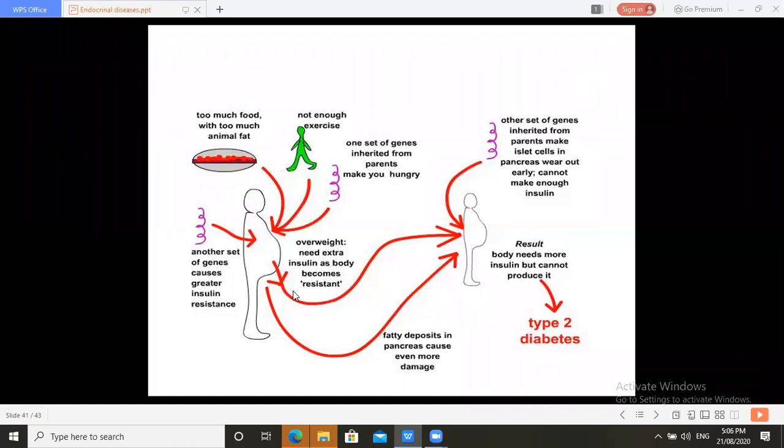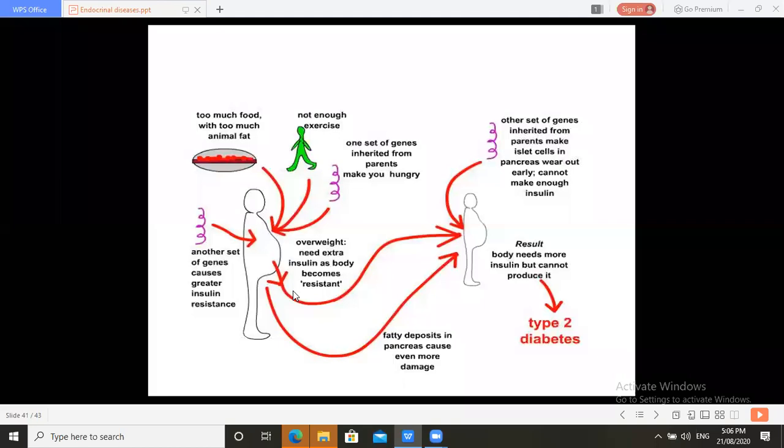Ketoacidosis, again, is a complication of diabetes mellitus. It gives rise to nausea, vomiting, respiratory difficulties, and increased heart rate. A student asks whether ketoacidosis is seen in type 2 diabetes also, or only type 1.